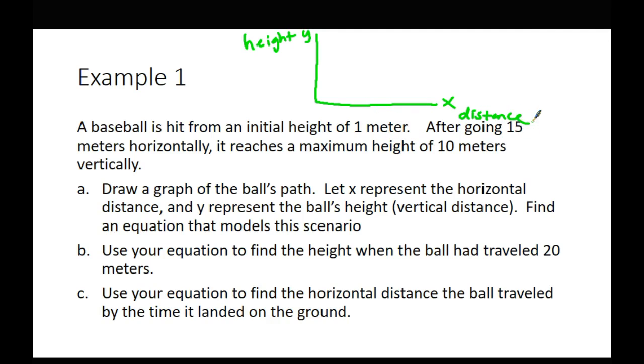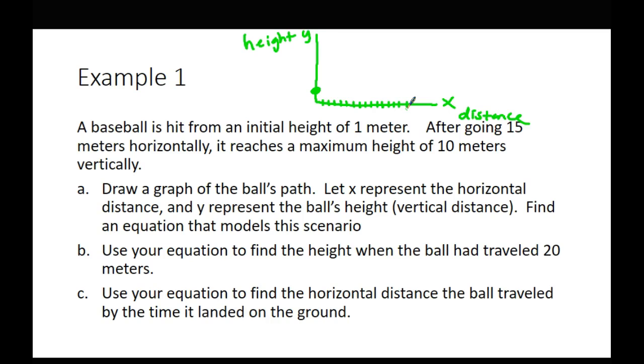How high up was it when it was first hit? 1 meter. So I'm going to put a dot right here at 1. That's the starting height. And then after it traveled how far away from me? 15. So I'm going to go out to 15.